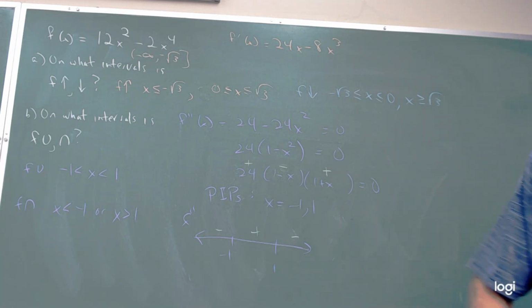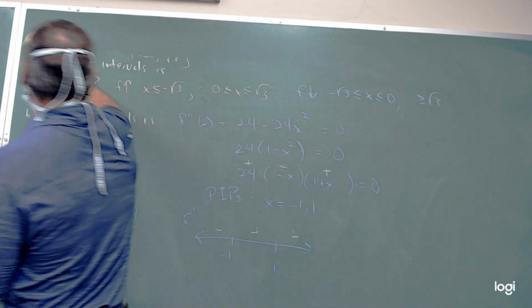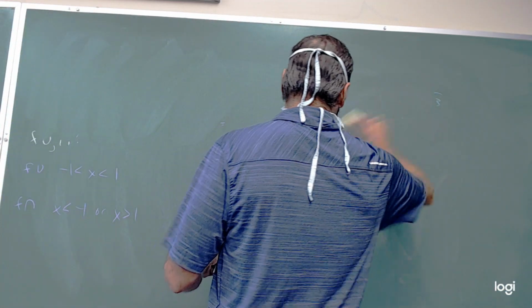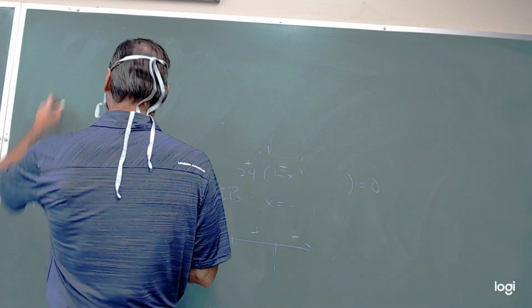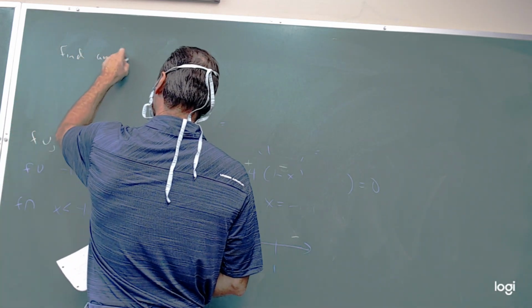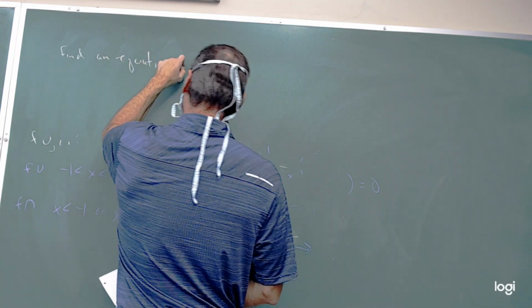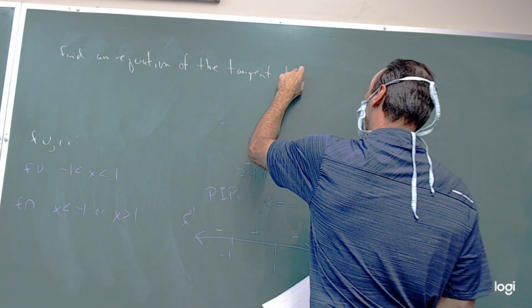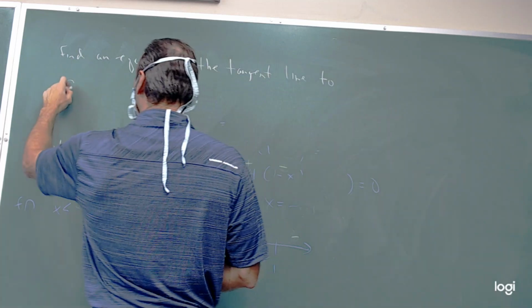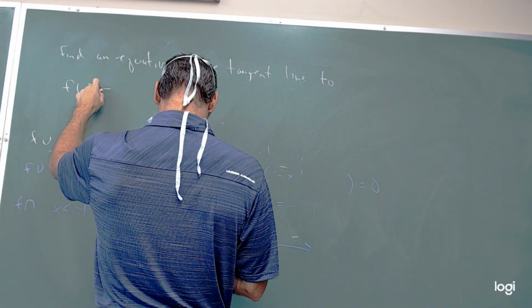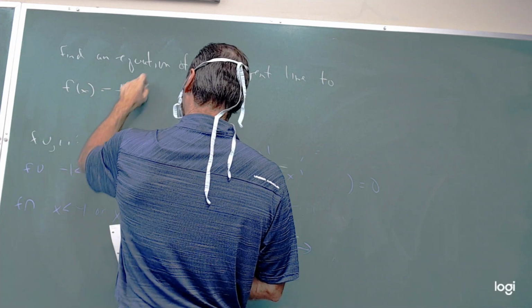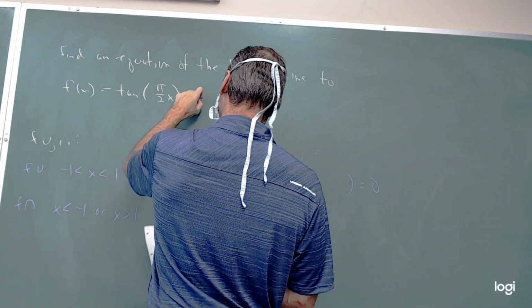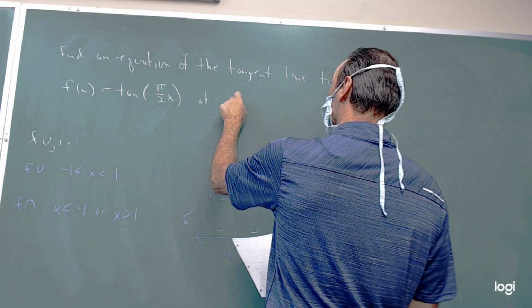Oh, soon we'll be drawing a graph of that thing. Let's find an equation of a tangent line to f of x equals tangent of pi over 2x at x equals 1/2.